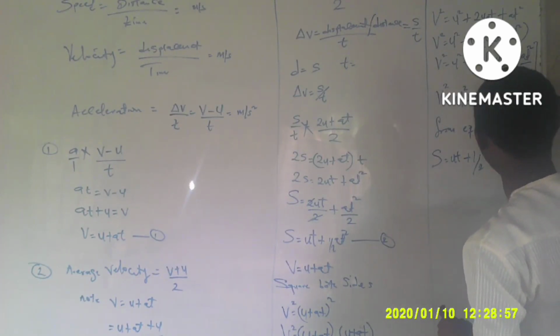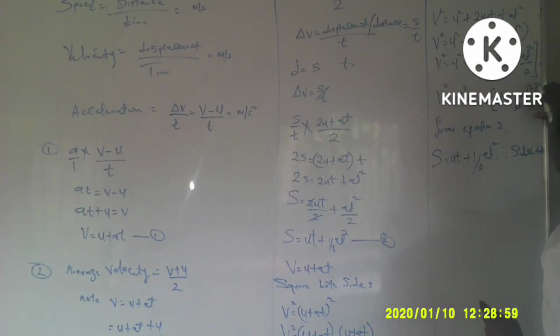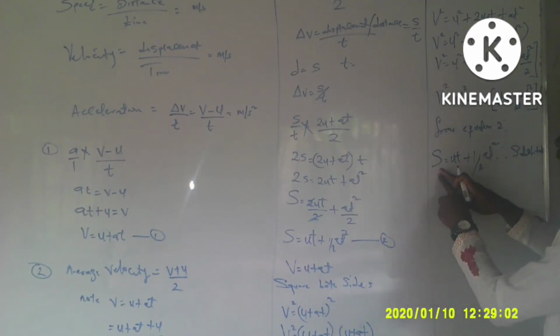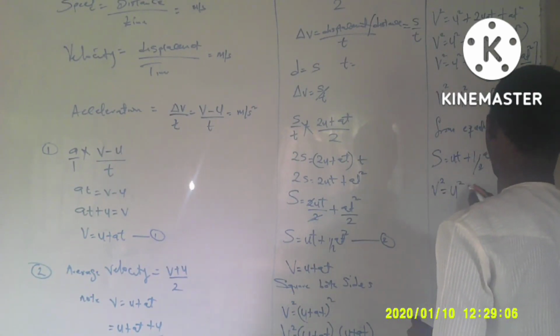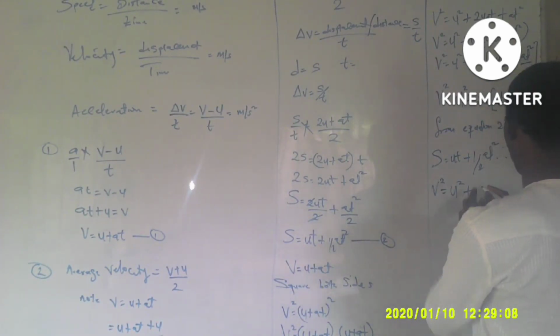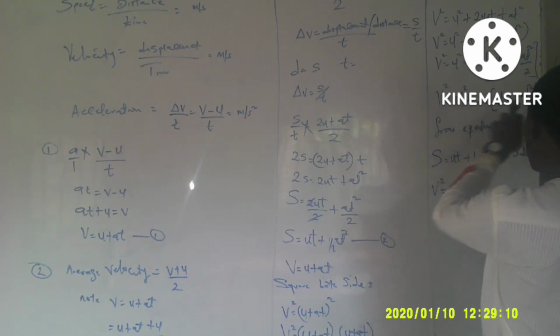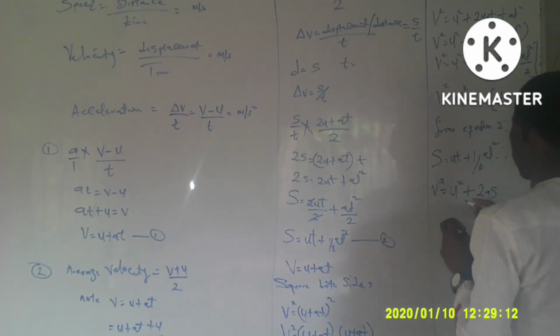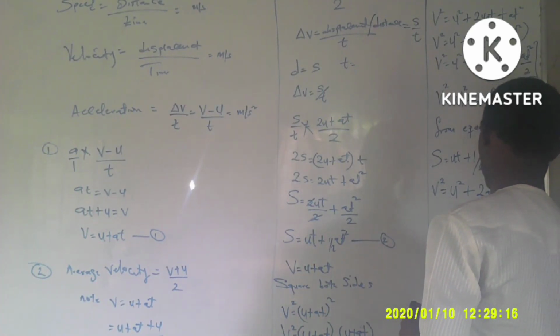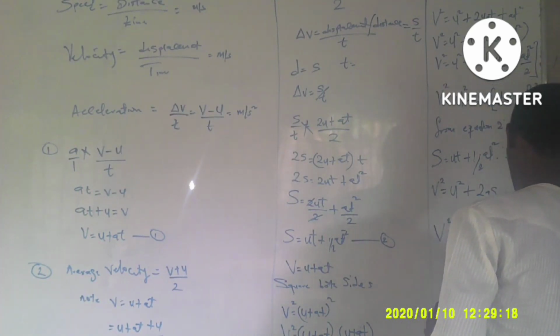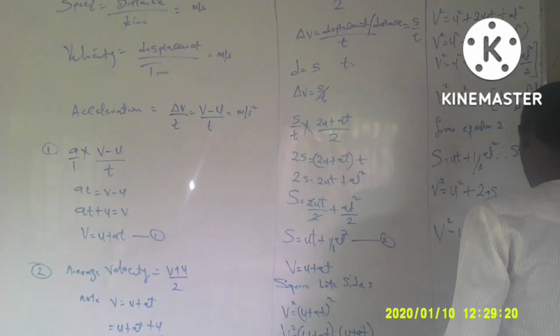So by that substitution, we replace ut plus 1 over 2 at squared with x. So we have v squared is equal to u squared plus, remember we have 2a, then this one is replaced with x. So this gives us our equation 3 now. So we have v squared is equal to u squared plus 2ax, equation 3.